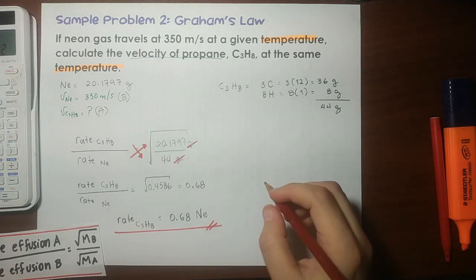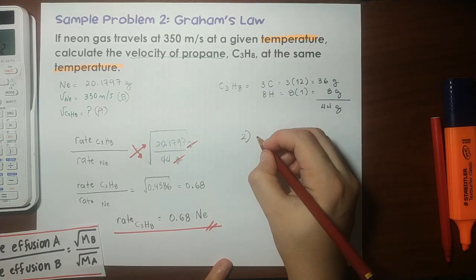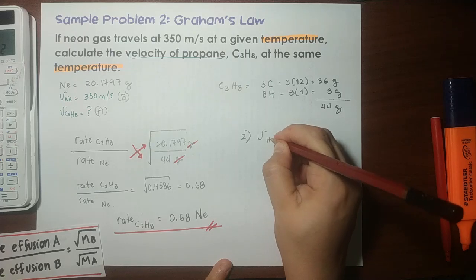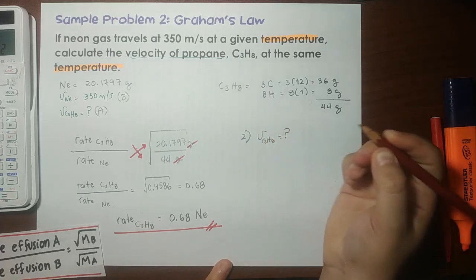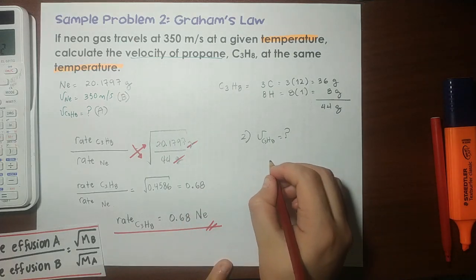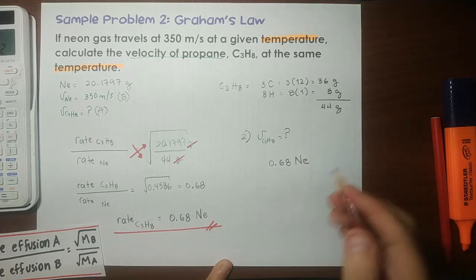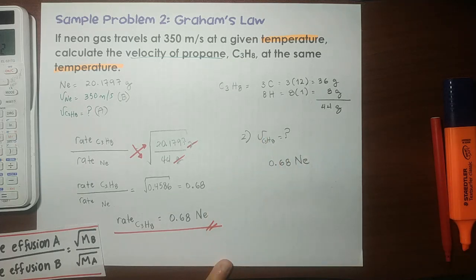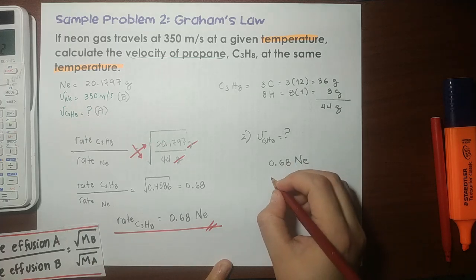So I say, step number 2, velocity of propane. So I know that its rate is 0.68 of neon. That means that propane is traveling only 68% of neon's velocity.